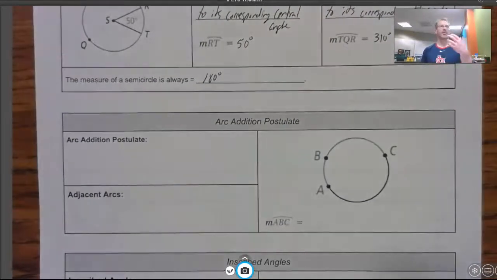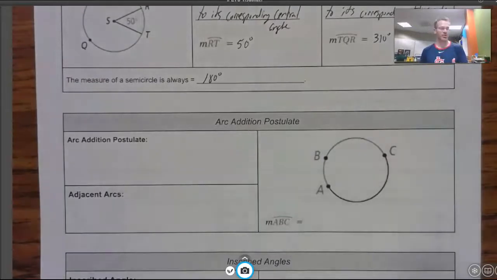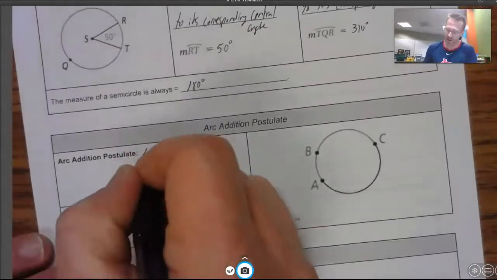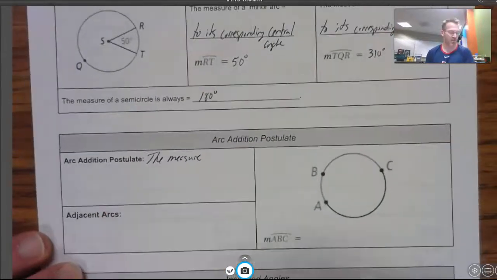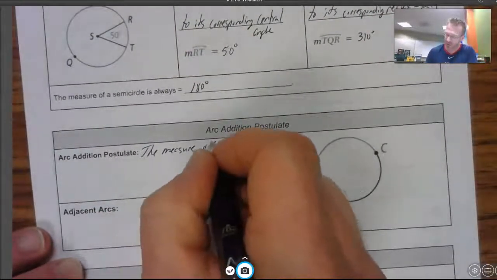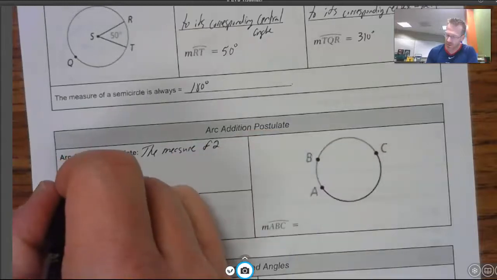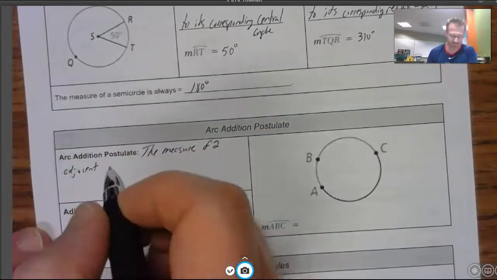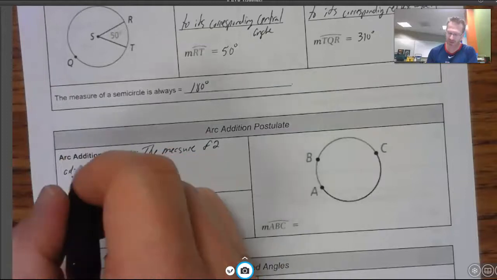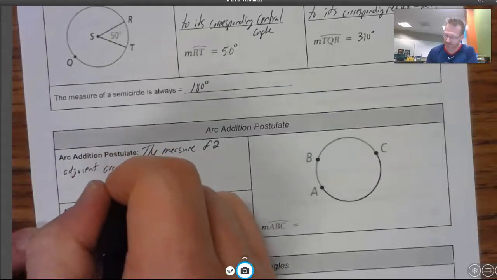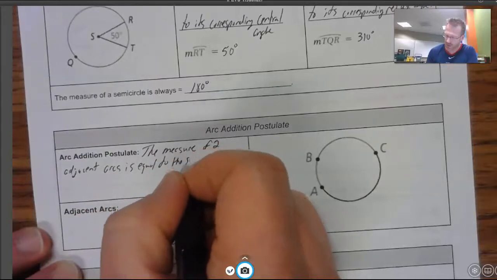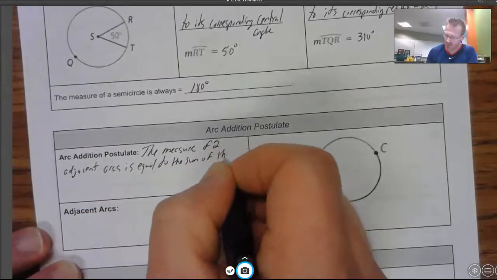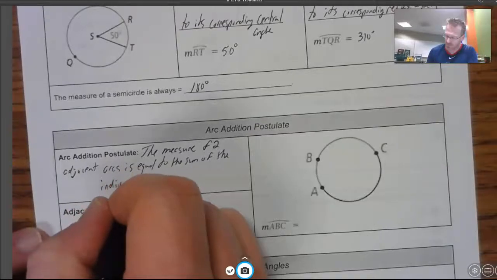Now, arc addition postulate. We've talked about the segment addition postulate and the angle addition postulate, and you're going to see that this just follows right along with that. So the measure of 2 adjacent arcs is equal to the sum of the individual arcs.